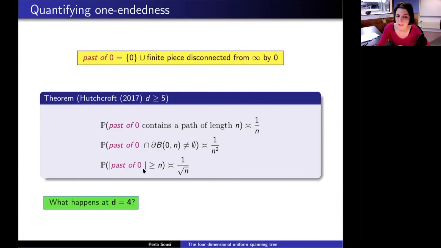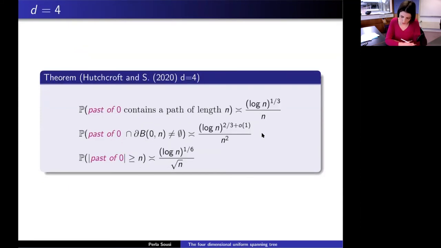And usually in the critical dimension, one expects these sort of probabilities to behave like in the mean field setting, but with logarithmic corrections. So we were interested in finding the exponents that appear in the logarithms. What we're able to prove is that the probability that the past of 0 contains a path of length n is in 4 dimensions asymptotic to 1 over n, with logarithmic correction log n to the 1/3.